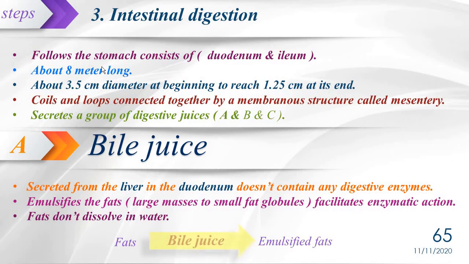There are two juices poured inside the small intestine. The first is bile juice. It is secreted from the liver and poured inside the duodenum.